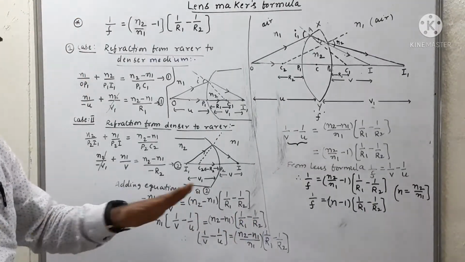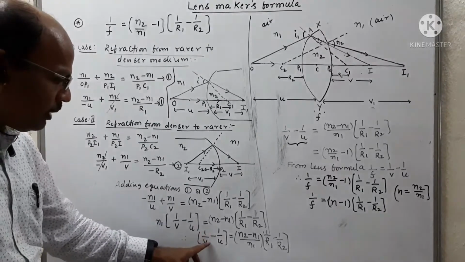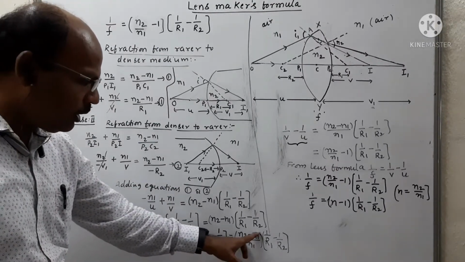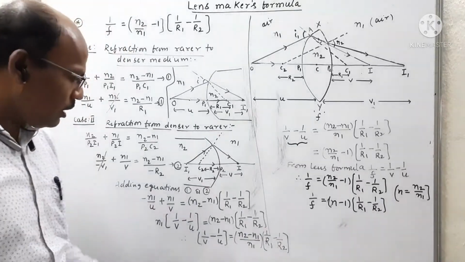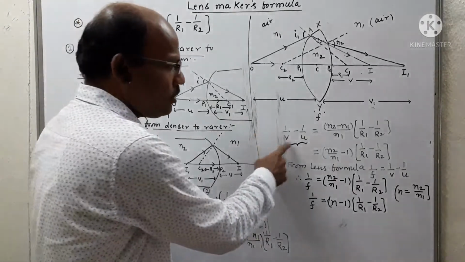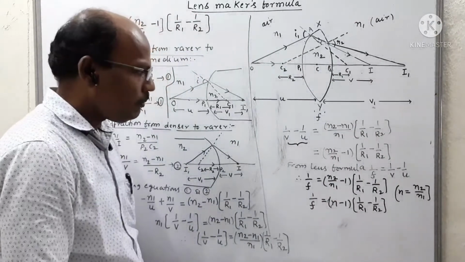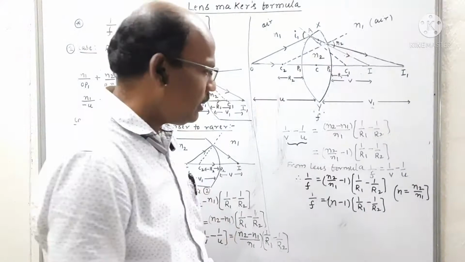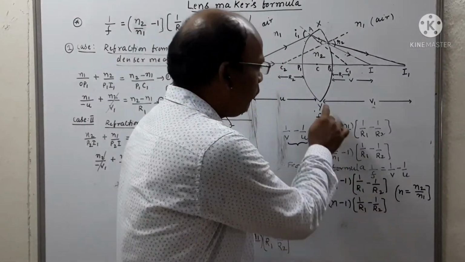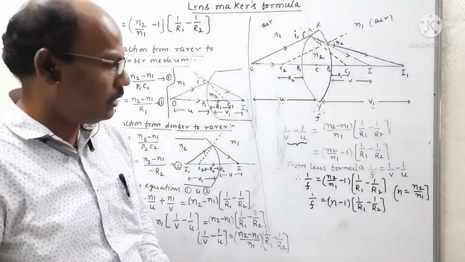Dividing by N1 throughout the equation, 1 by V minus 1 by U is equal to (N2 minus N1) by N1 into (1 by R1 minus 1 by R2). But 1 by V minus 1 by U, from the lens equation, is equal to 1 by the focal length of the given convex lens.